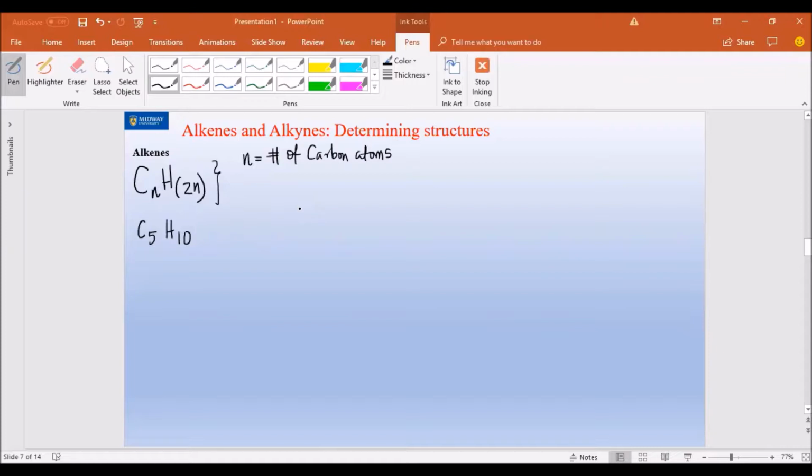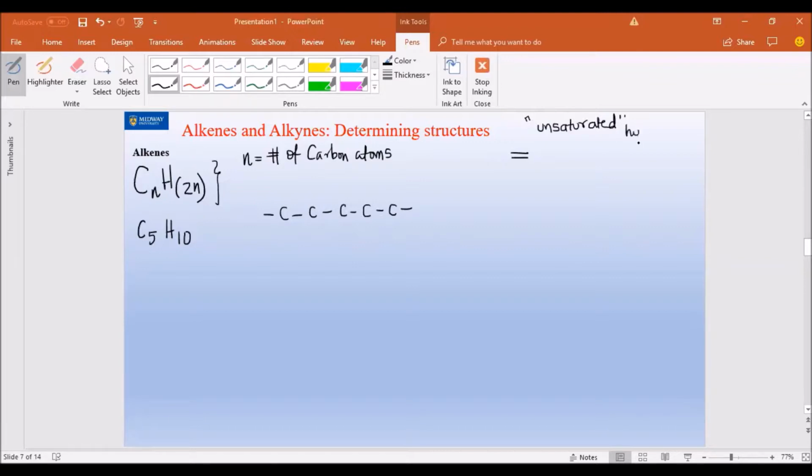So how do we draw structures? Well, as with your alkanes, you start with the longest chain. Now, there is only one thing that I had to add in terms of rules. Alkenes are characterized by double bonds. Both alkenes and alkynes are part of the unsaturated hydrocarbons.